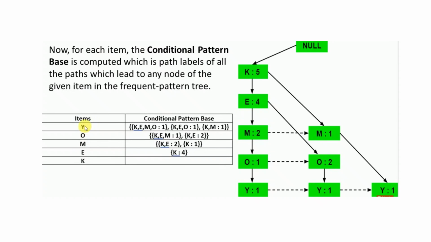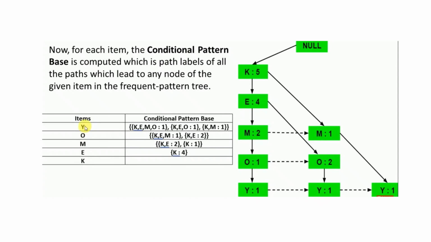Now we have to construct the conditional pattern base from the tree. First, we take a root node as null.